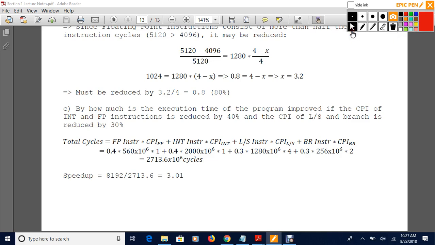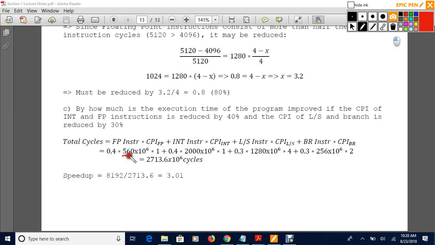So we analyze the full data path and we come up with a slightly better solution. If I reduce the CPI by 40% for integer and floating point instructions, and the CPI of load and branch by 30%, how much can I improve the speedup by, right? In this case, instead of 1, it's 0.4. Instead of 1, it's 0.4.